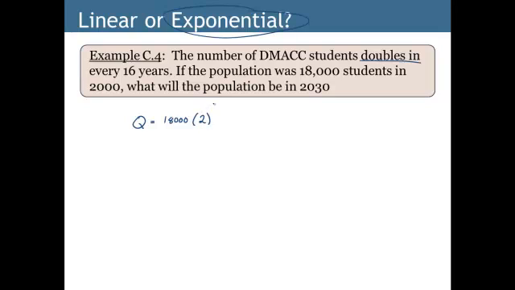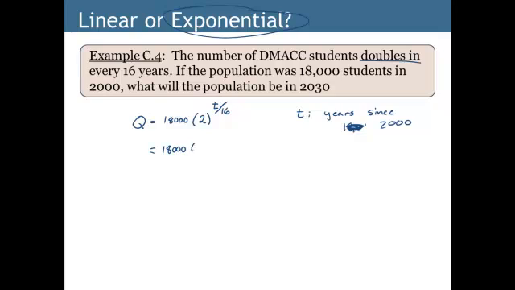Doubling is times 2. But we don't have a percent, so remember, if you're given a doubling time, you have to use it to adjust your t value. And t is years since 2000.